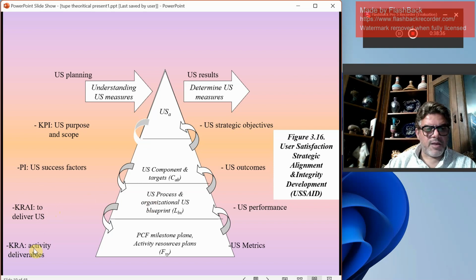Key result area activity deliverables. Process satisfaction framework, milestone plan, activity resources plans, denoted as framework 1, 2, 3, 4, and then this is framework 1, 2, 3, 4, and then this is the cross-disciplinary, and this is the interdisciplinary. So here is the APQC framework.